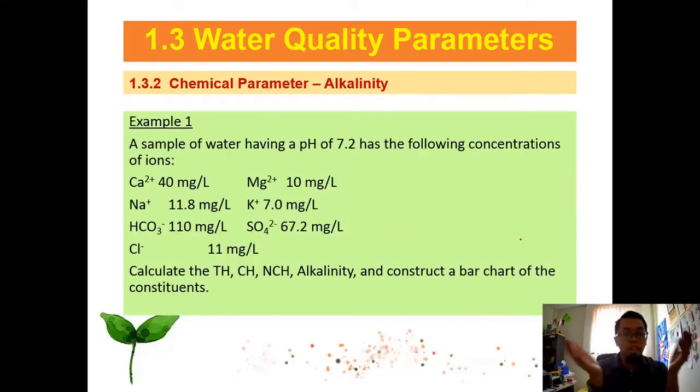This is an example of how you can calculate alkalinity. In the last video we already learned how to compute total hardness, carbonate hardness and non-carbonate hardness. So for this topic, the alkalinity, this question asks to compute it and construct the bar chart.